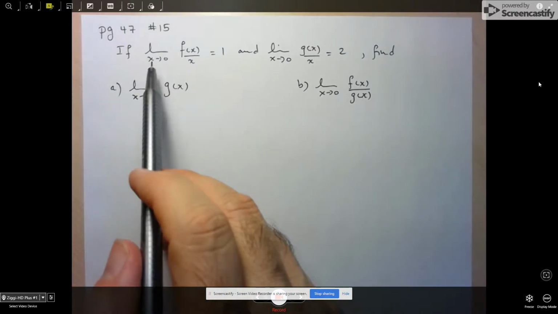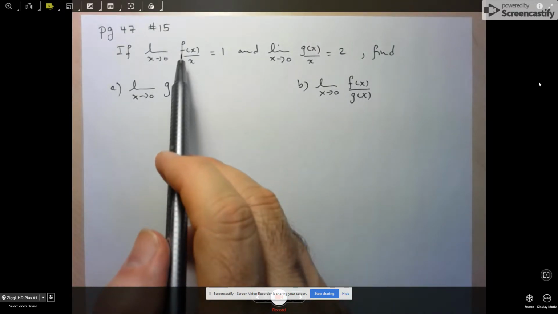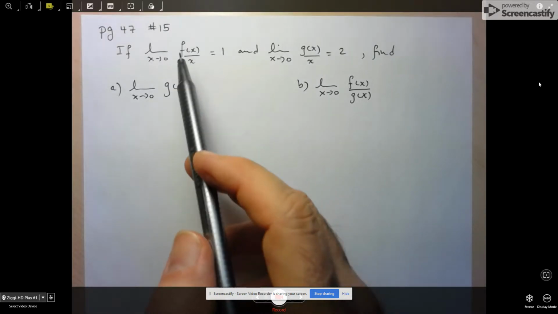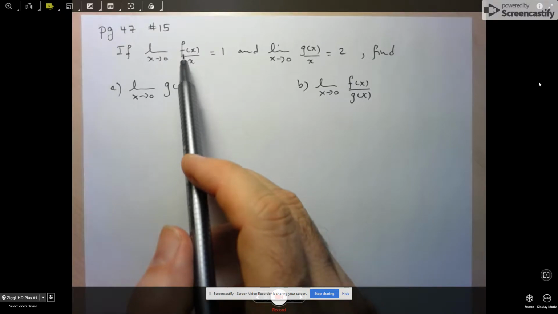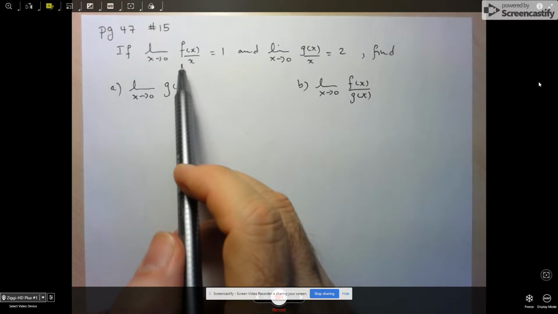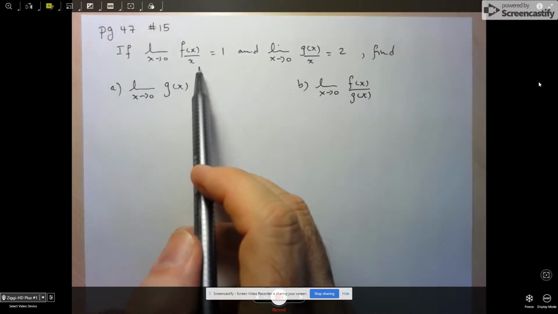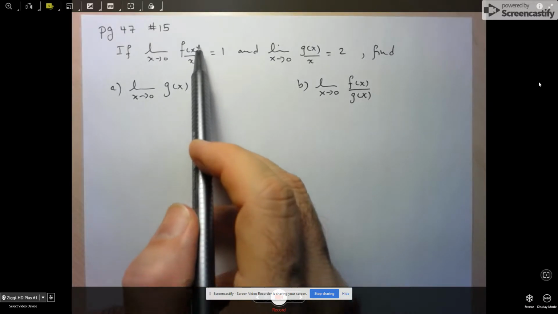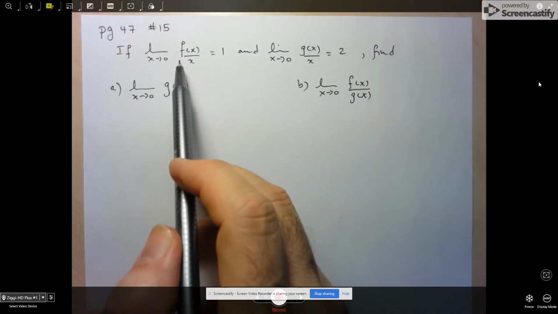So let's take a look at this first one, which is going to be a similar scenario to the second one here. Even though they don't ask us for the limit of f as x approaches 0, we notice that in this expression, the denominator is approaching 0, because x here is approaching 0. Having said that, the limit of this quotient is equal to 1.